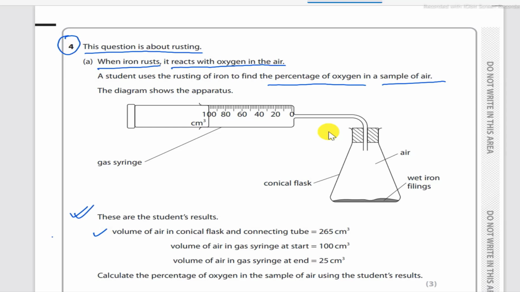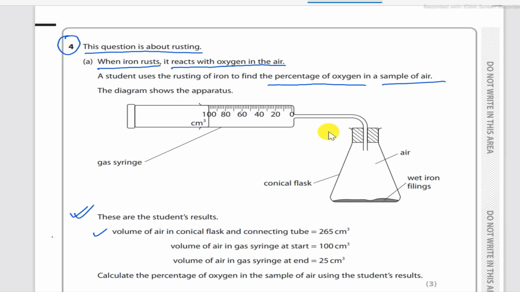Volume of air in conical flask and connecting tube 265 centimeter cube. Volume of air in gas syringe at start 100 centimeter cube. Volume of air in gas syringe at end 25 centimeter cube. Calculate the percentage of oxygen in the sample of air using student's result.